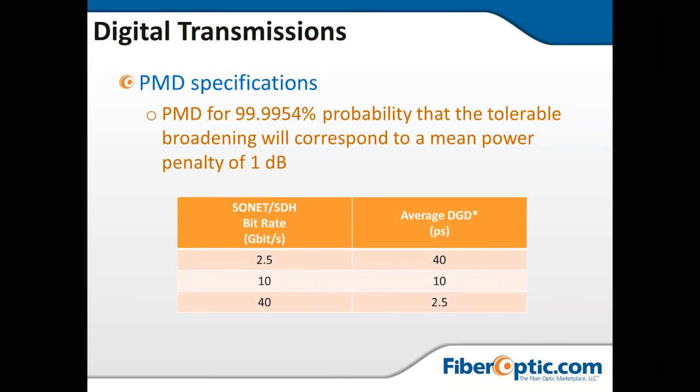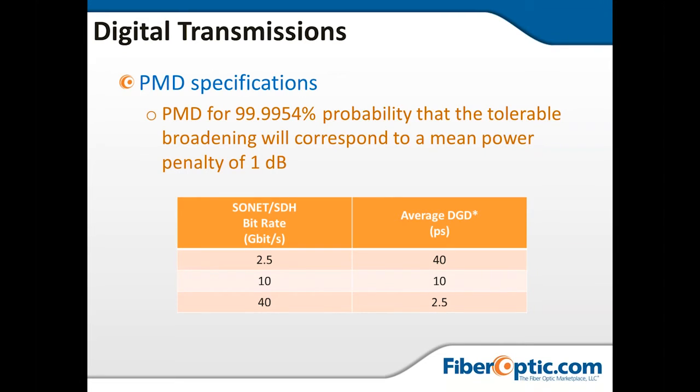Each fiber link is going to have to be evaluated for and tested for PMD to see how much you have. Again, we're going to look at the standard pulse widths. At 2.5 gigabits, we can have up to 40 picoseconds. At 10 gigabits, we can have 10 picoseconds.